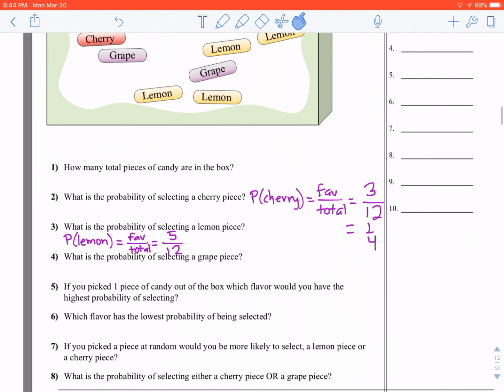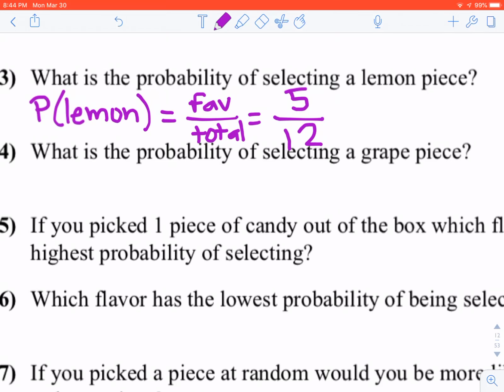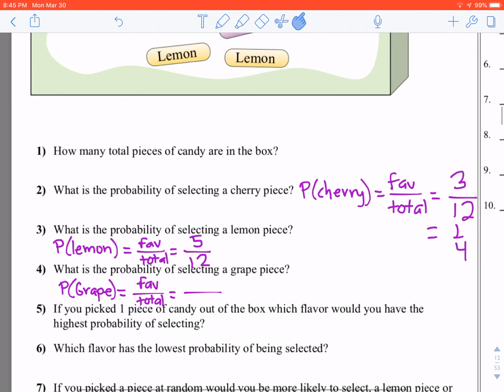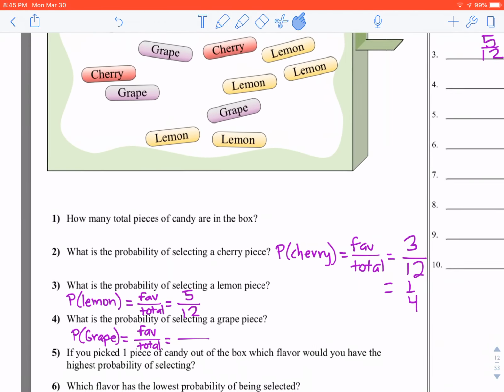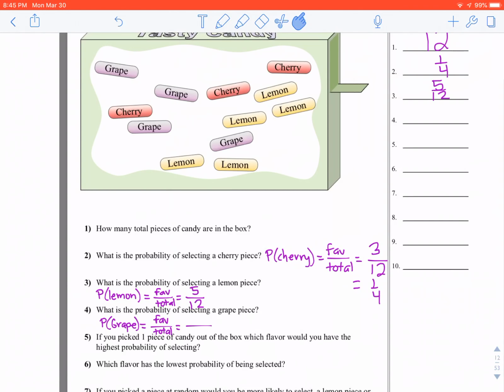Number 4. What is the probability of selecting a grape piece? So probability of grape. We have favorable over total. Let's look back up at our chart and count our grape pieces of candy. We have 1, 2, 3, 4.